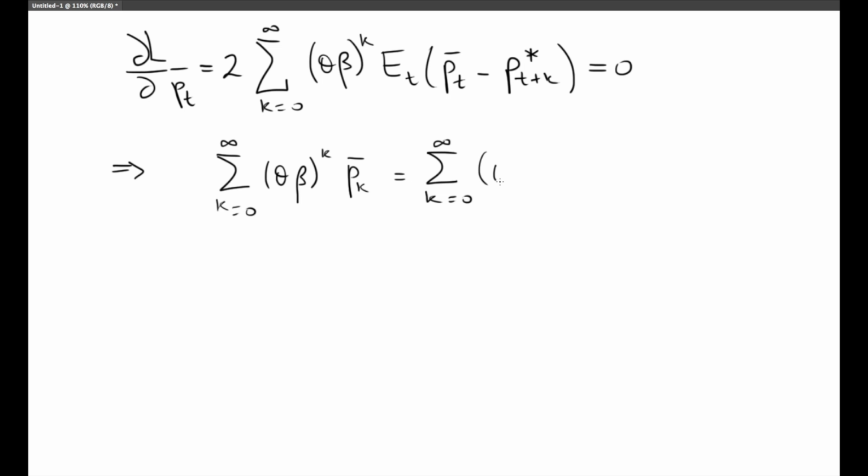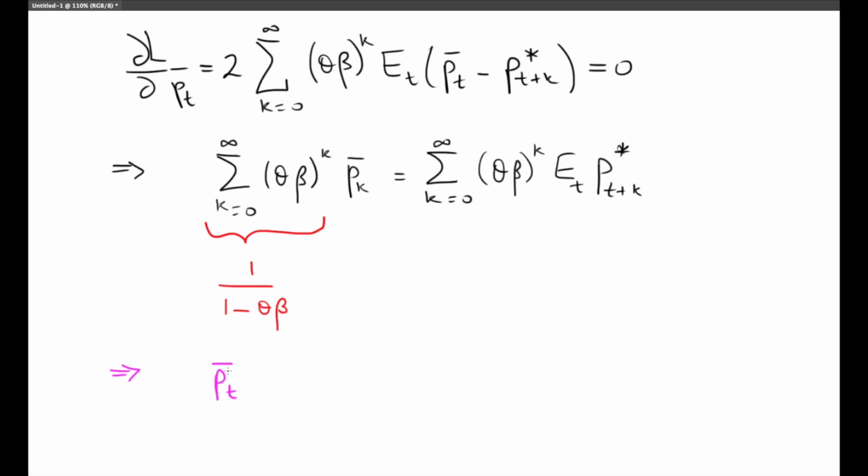We just write the same equation and we analyze just part of the left hand side, and we know that this is 1 over 1 minus theta beta, and that's because theta and beta are below 1, so that's a positive number.